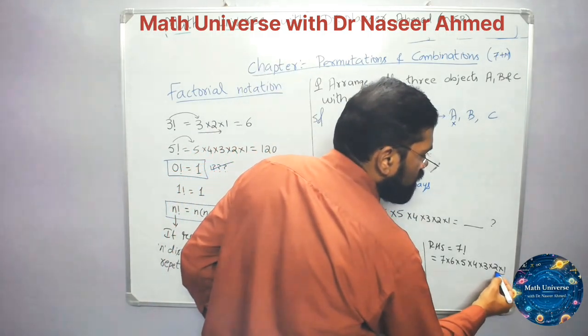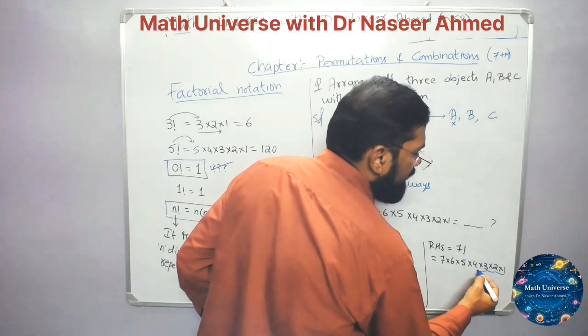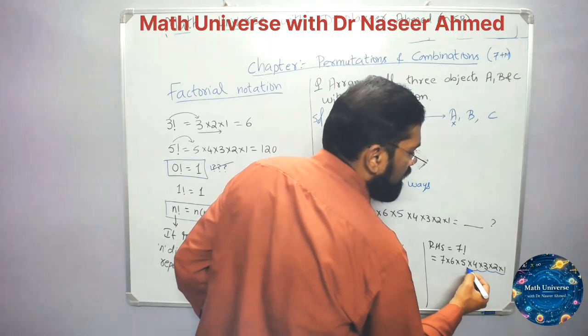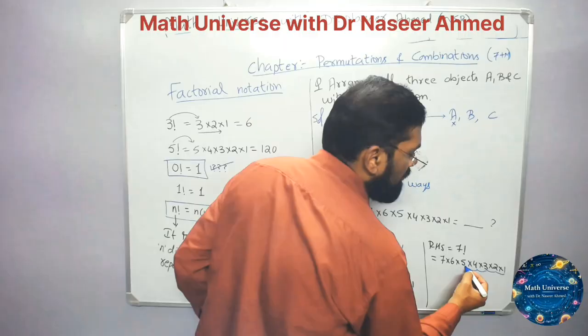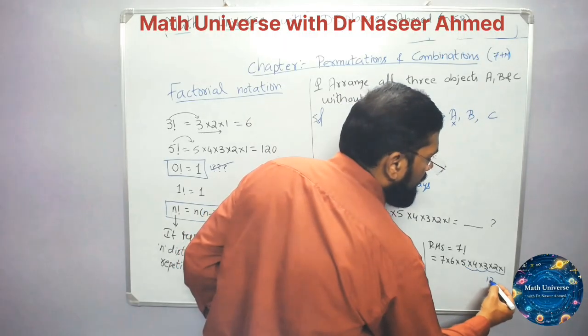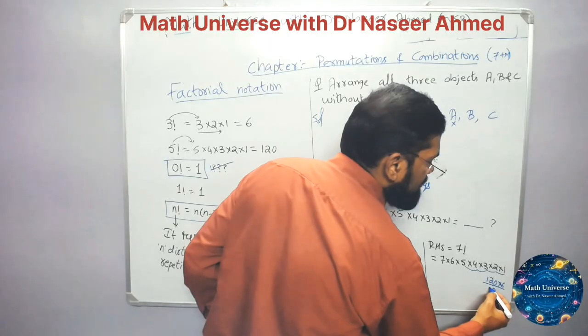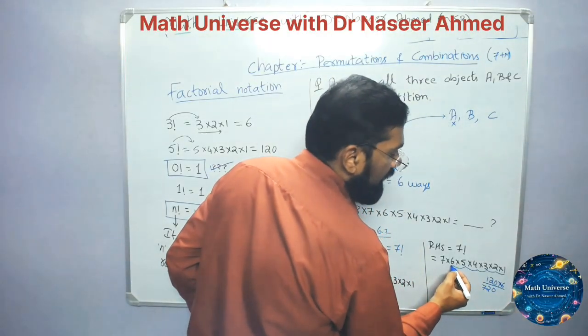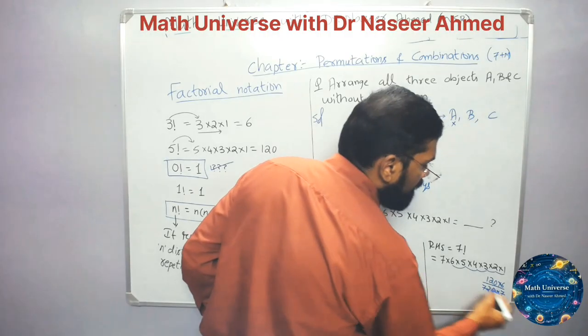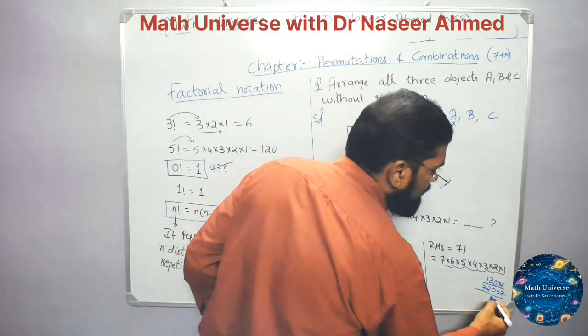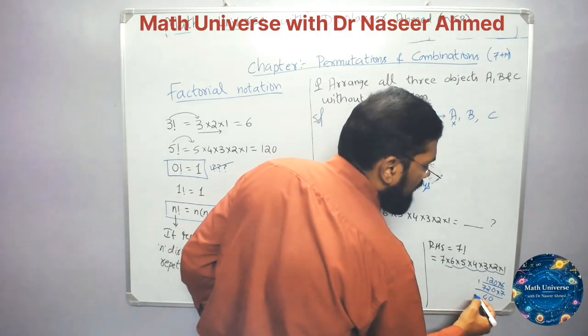Now just multiply. See carefully. 1 2 is 2, 2 3s are 6, 6 into 4 is 24, 24 into 5 is 120, 120 into 6 is 720. So till here 720, and I have to multiply by 7. 7 zeros are 0, 7 2s are 14, 7 7s are 49.